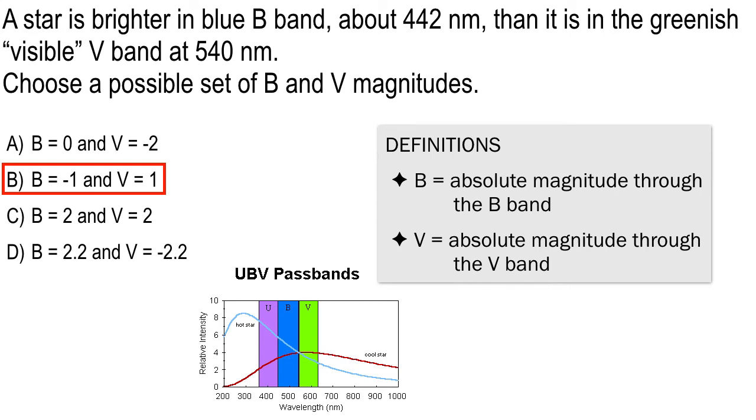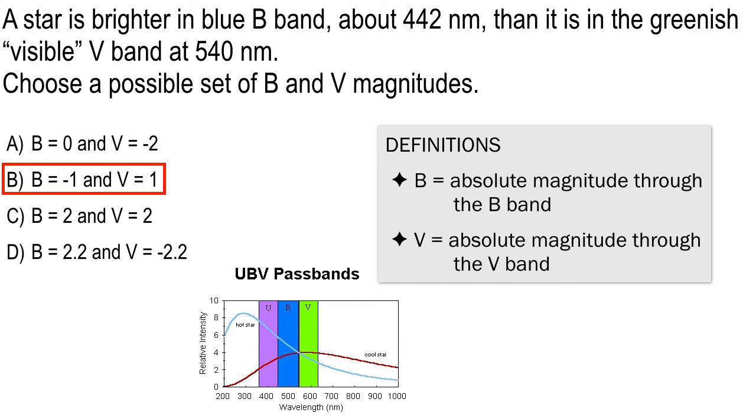So the absolute magnitude in the V band is up in the positives, and the B absolute magnitude is down in the negatives. So that's good. Now this one, B equals 2, V equals 2, that means they're the same brightness. So that's out. And then option D with decimals is the same problem as option A, because this is a -2.2.